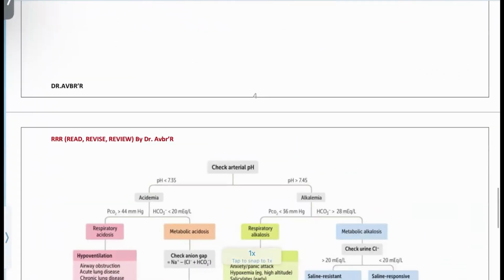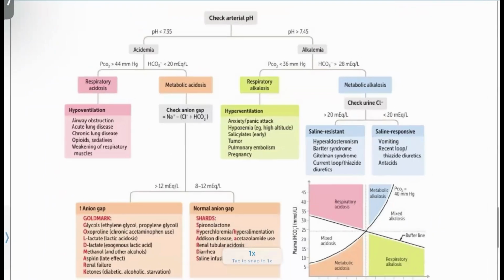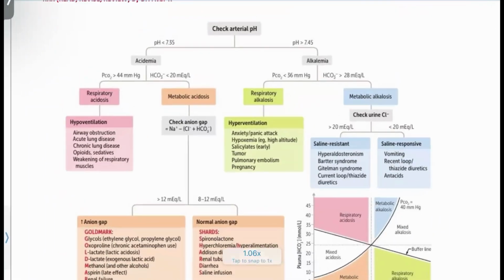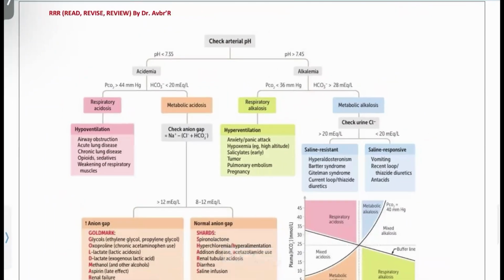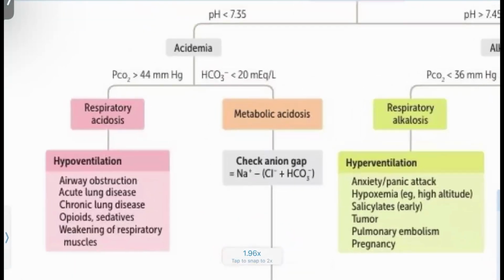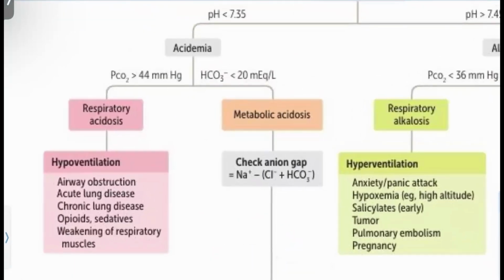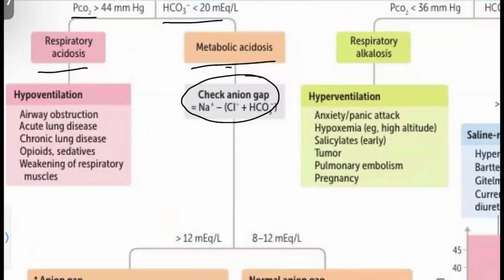All right, next, this is a summarizing table here. Please do understand that when you are having the normal pH value, that is your 7.4, but your pH value is less than 7.4, then this is your acidemia. If it is more PCO2, then respiratory conditions. If it is a less PCO2, that is your metabolic acidosis. And you have to check the anion gap of the patients.